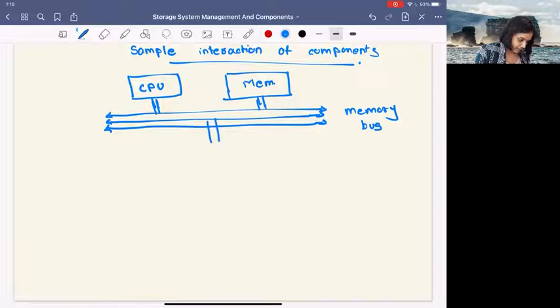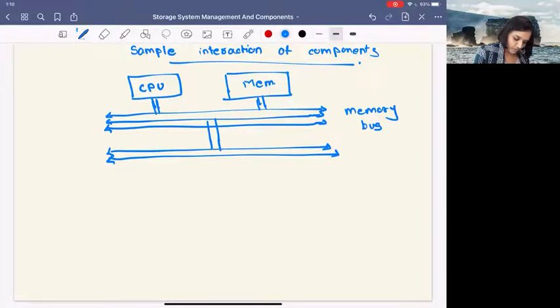Now we have connection of this further. CPU and memory are connected to a bit slower bus, hence we represented it with 2 lines, which is general IO bus. Also, general IO bus could be something like PCIe bus, if you have heard the word PCIe.